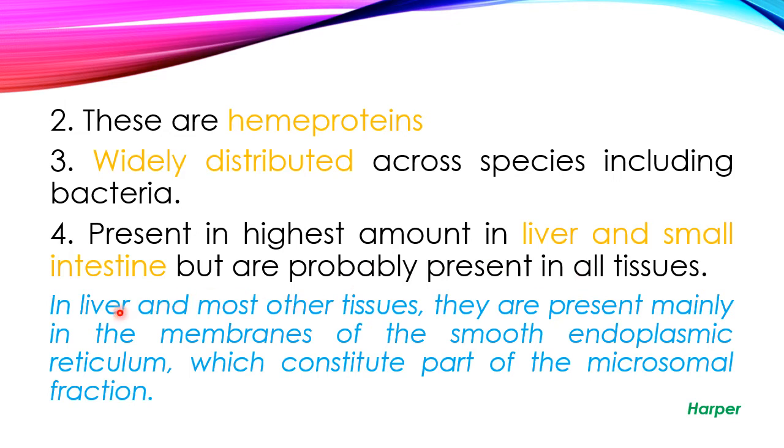Now, when we talk about the presence of cytochrome P450 in the liver, you must remember that in the liver, cytochrome P450s are found in the microsomes. And as you know, microsomes are the fragments that contain smooth endoplasmic reticulum.